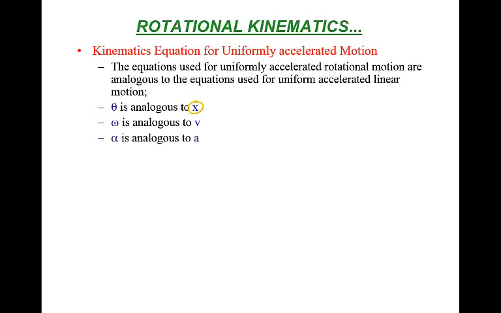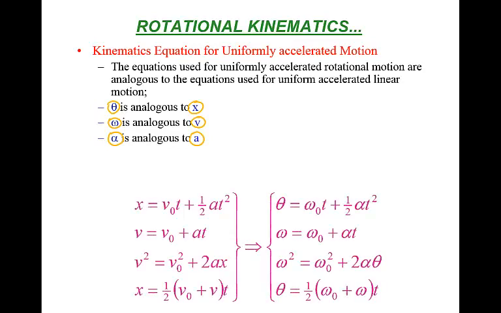Instead of displacement x, we're going to have the equivalent to it, which is angular displacement theta. Instead of linear velocity, we're going to have angular velocity. Instead of linear acceleration, we're going to have angular acceleration. Very simple adjustment, and the equations will turn out as follows.